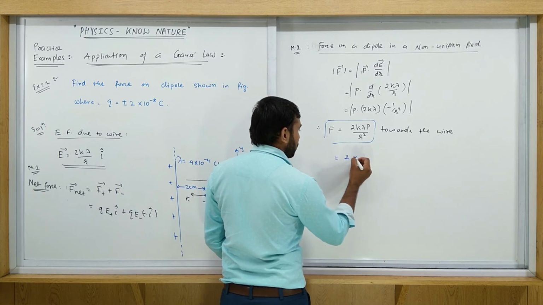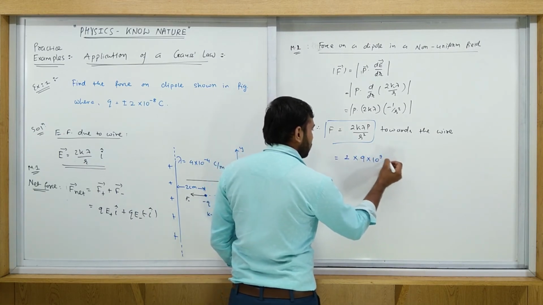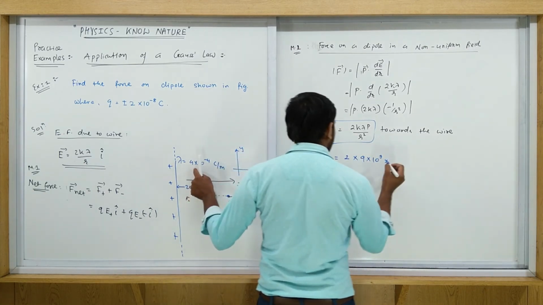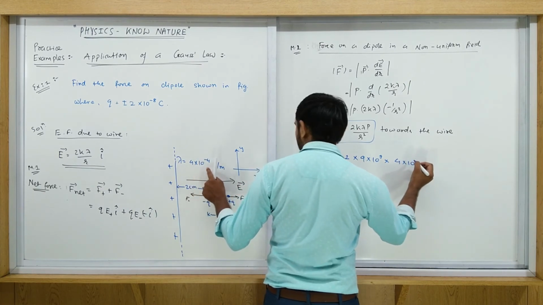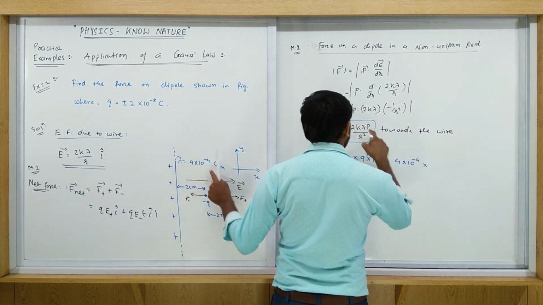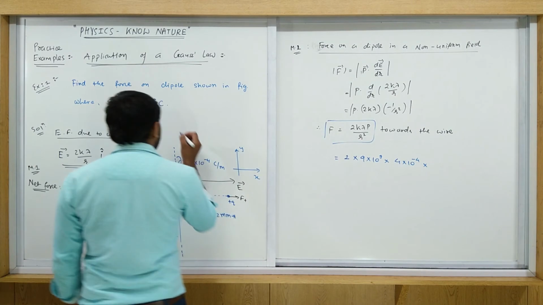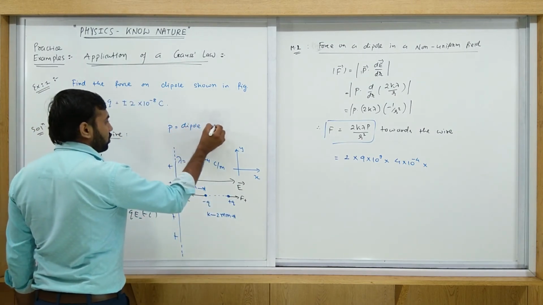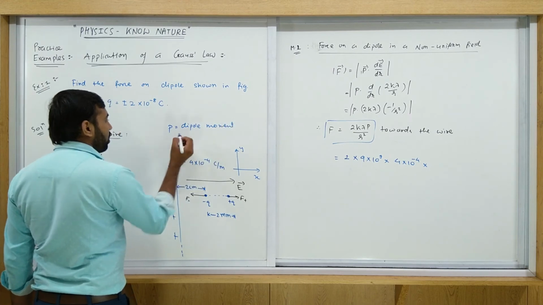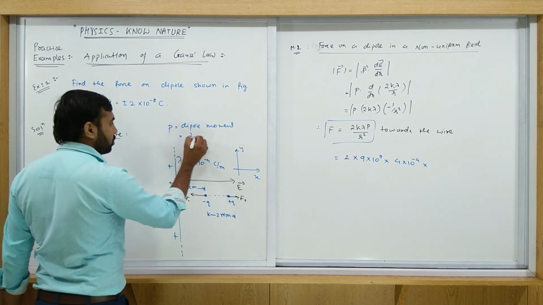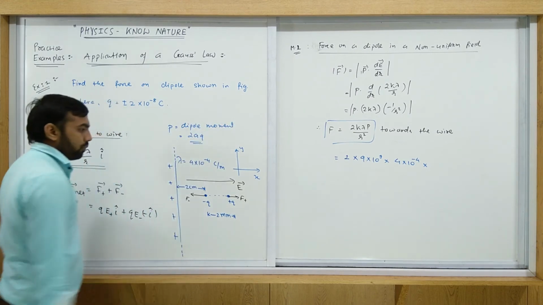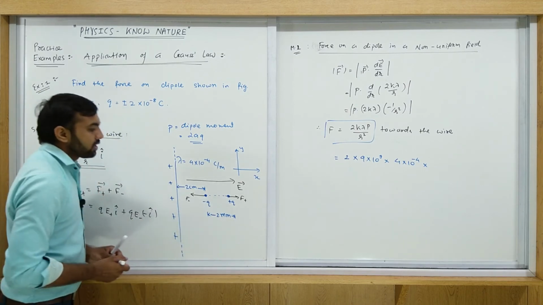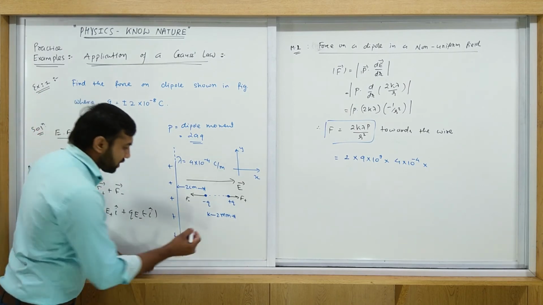Let's write this value: 9 into 10 raised to 9, λ is 4 into 10 raised to minus 4, into P. P means dipole moment. What is the dipole moment? 2aq. 2a means the distance between the two charges.